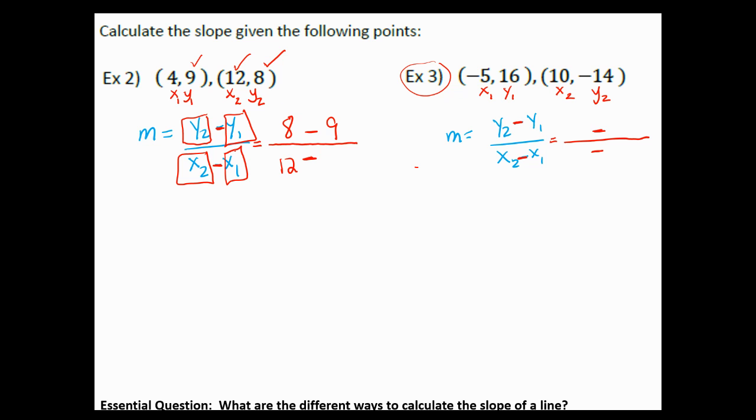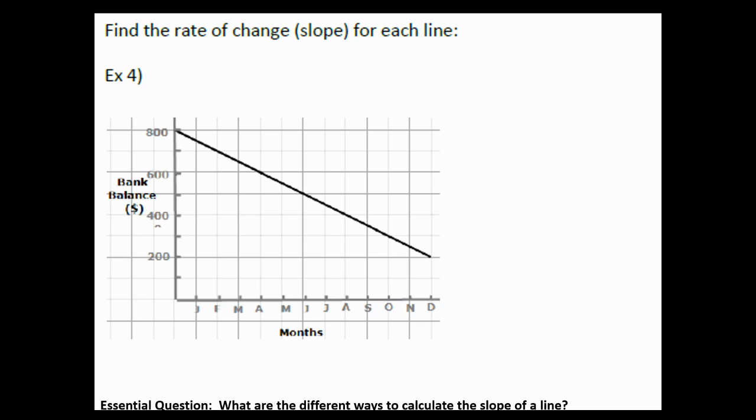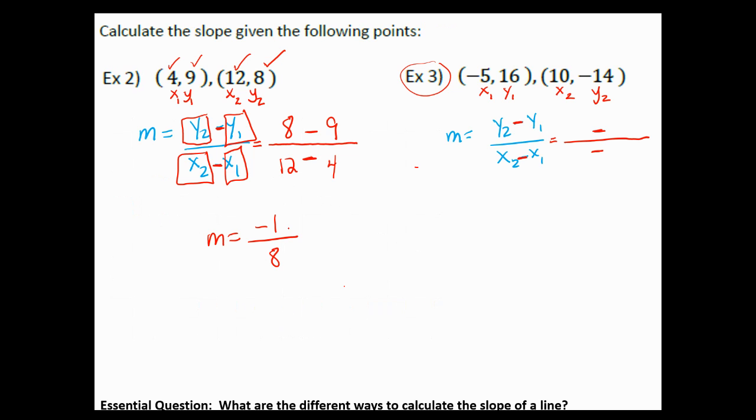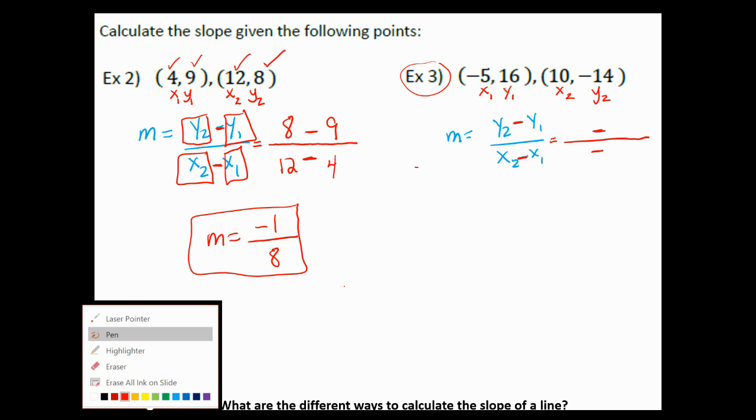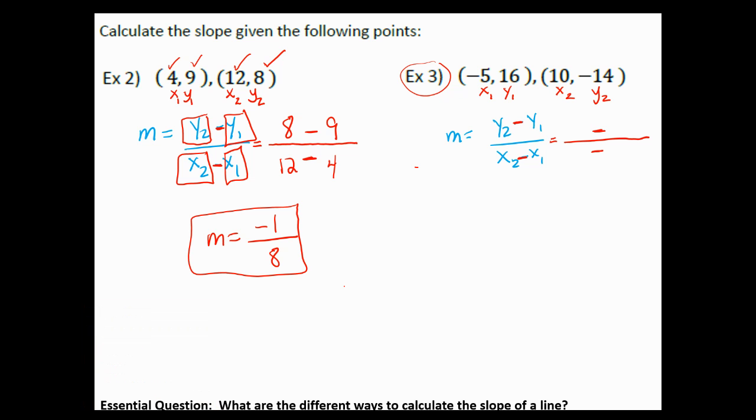And then you put the X1 number, which is a 4. And then you do the math. So your slope is equal to 8 minus 9, it's negative 1. 12 minus 4 is 8. And you're done. That's the slope. So you have 4 of these problems for homework tonight. It's the first 4 of your homework.